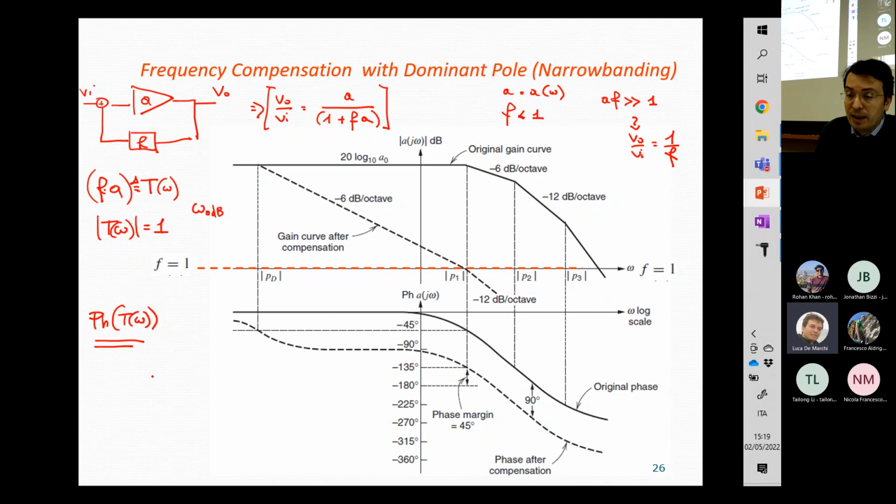I'm sorry, is it possible to move the screen towards right? Okay, so yeah, I will try. I'm afraid that it is not possible, but I will try to do it this way.